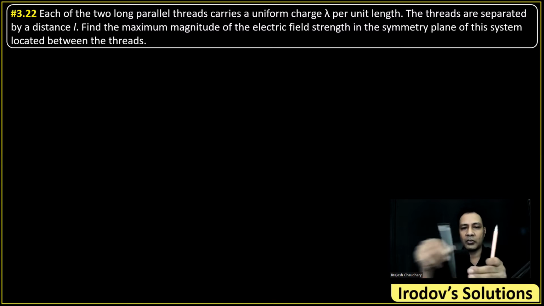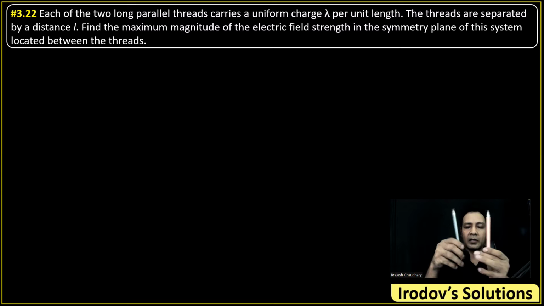So I have a combination of two such wires with identical charges, separated by some distance, say L. Exactly in between them the electric field would be zero.